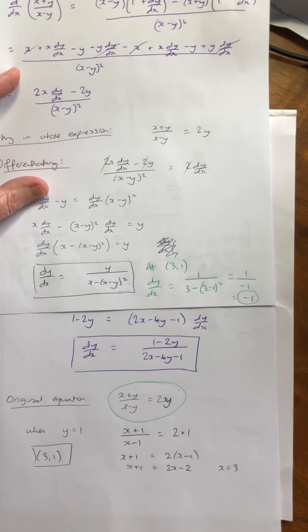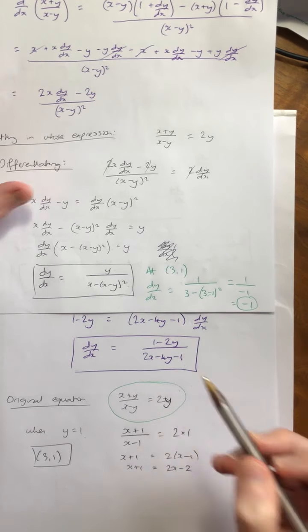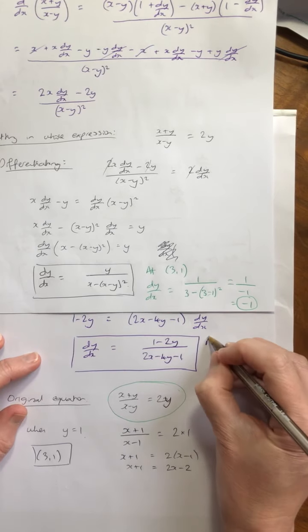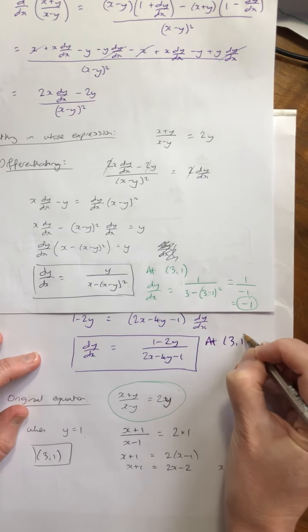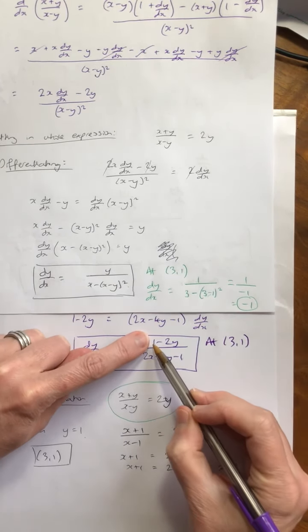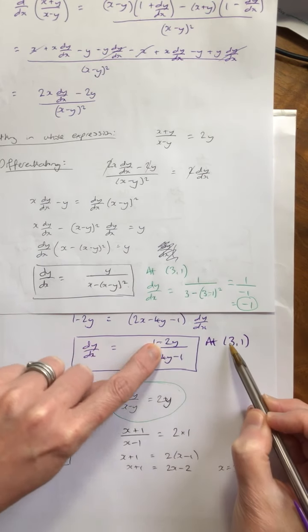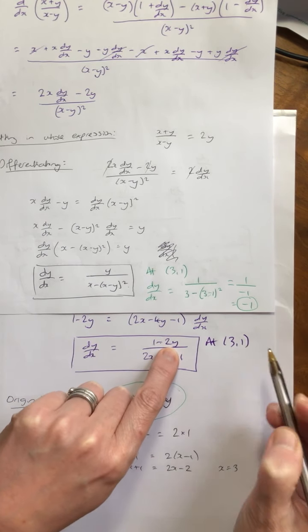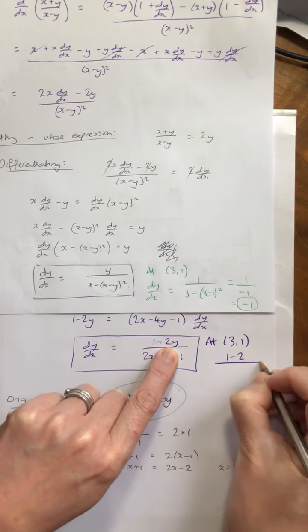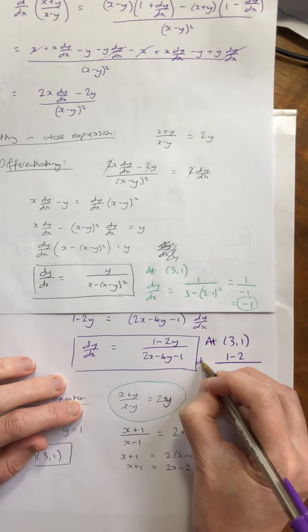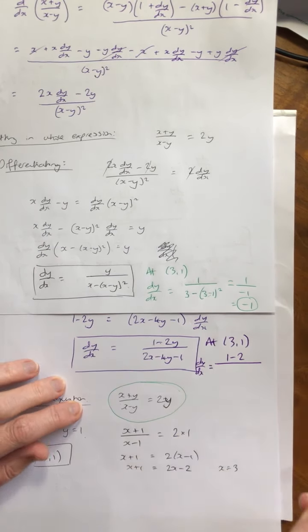If I use this expression here, the answer that was given in the back of the book, and again work out that expression at (3, 1), I will have 1 take away 2 times 1, so that's going to be 1 minus 2. So this is my expression for dy/dx.